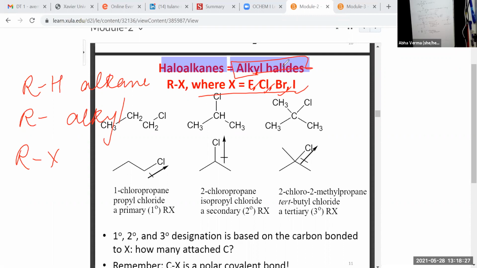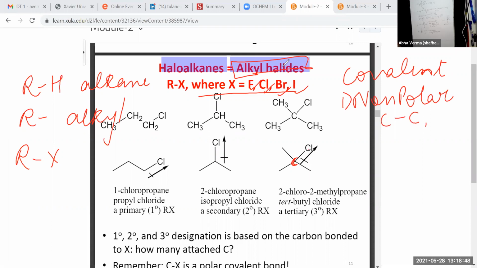Now, if you remember your module 1, there is an indication of covalent bonds. What are covalent bonds? When non-metals bond with each other. You can either have a non-polar covalent bond, for example, all the CC, CH, they are non-polar covalent bonds. There's no electronegativity differences. But there can also be polar covalent bonds.